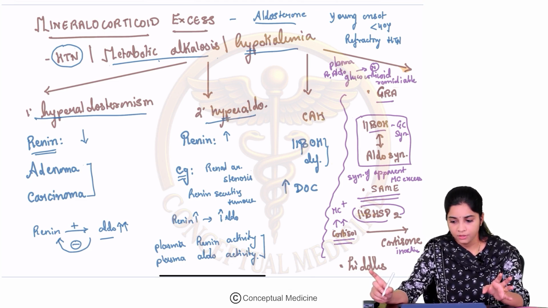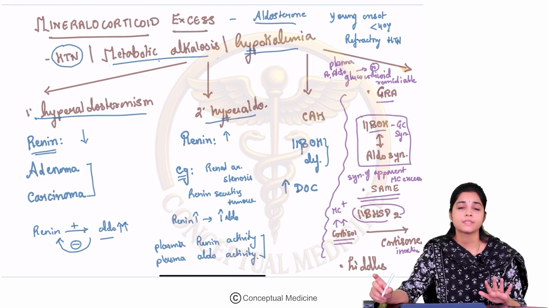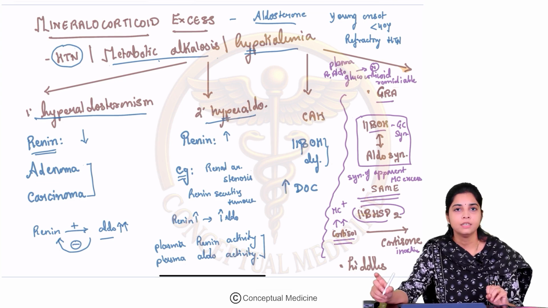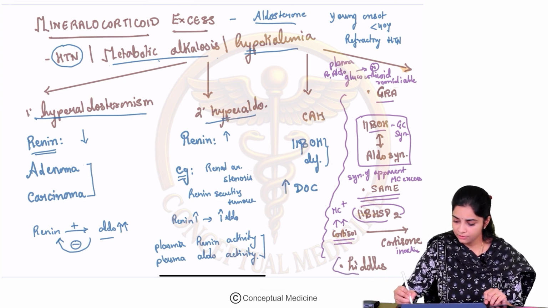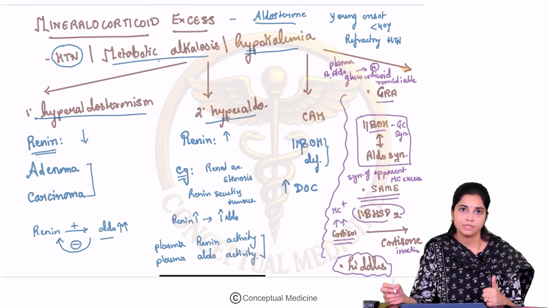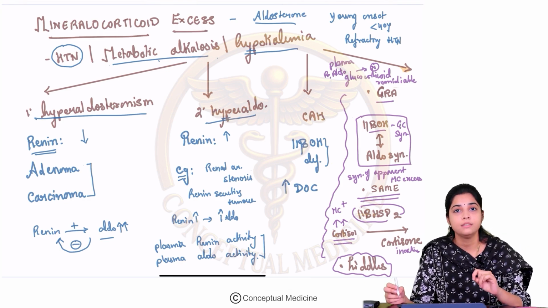Alright, fine. So this is basically the group of disorders which we call your Mendelian causes for secondary hypertension. We have looked at GRA, we have looked at syndrome of apparent mineralocorticoid excess. Then the third syndrome which can cause metabolic alkalosis, hypertension with hypokalemia, with normal aldosterone and renin activity, is Liddle syndrome.